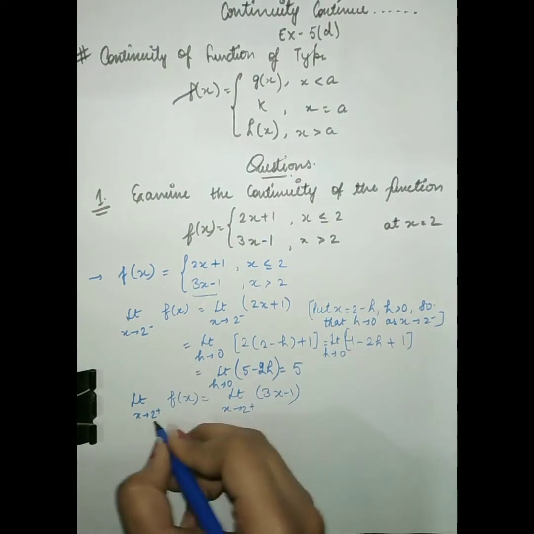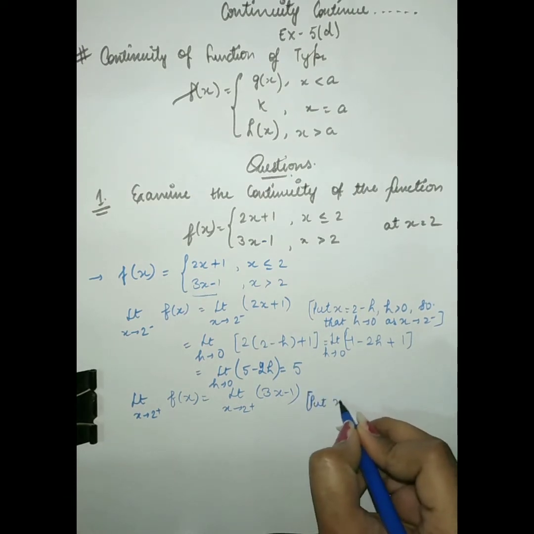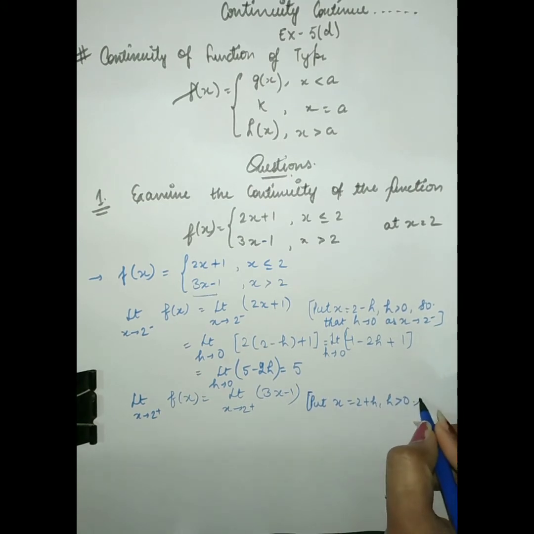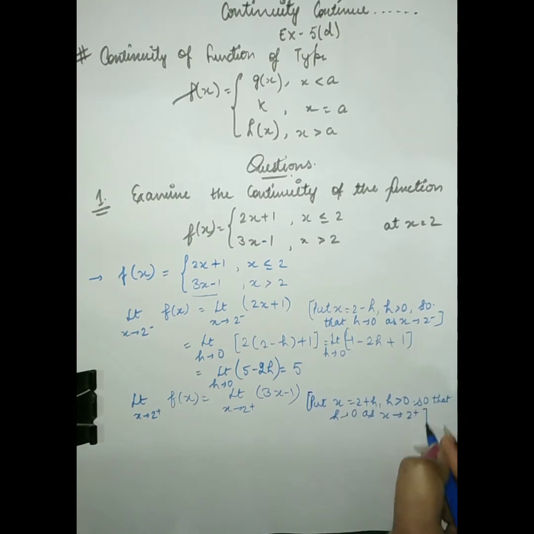Now we have solved this limit. Here we put x equals 2 plus h, where h is greater than 0, so that h approaches 0 as x approaches 2 positive.